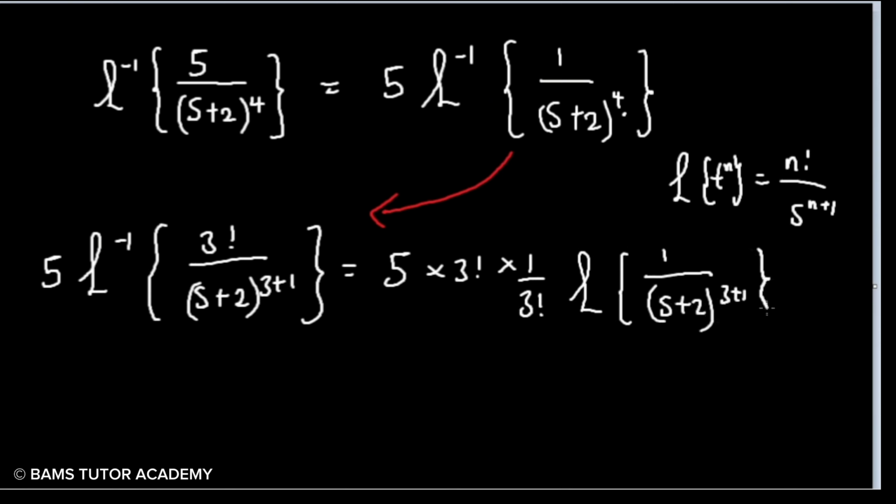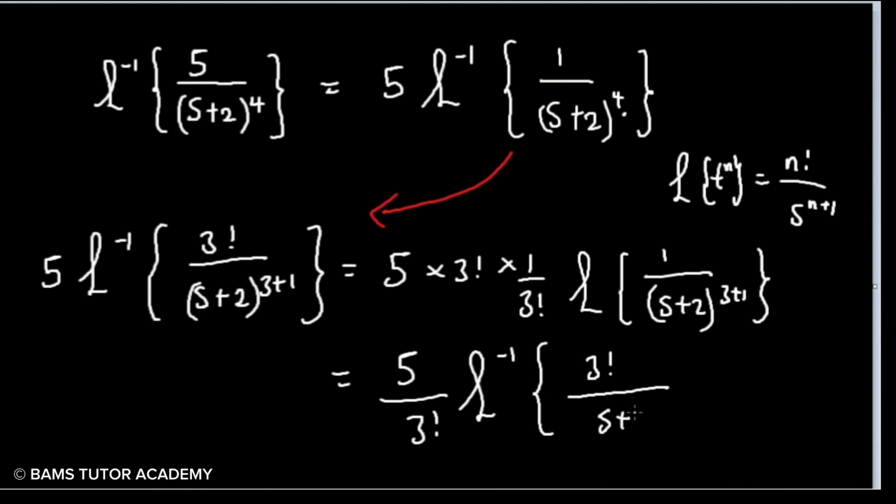Now I can write it in a very simple form: 3 factorial times the inverse Laplace of 3 factorial over (s plus 2) to the power of 3 plus 1.